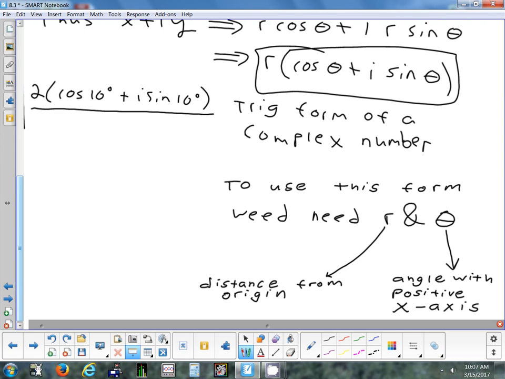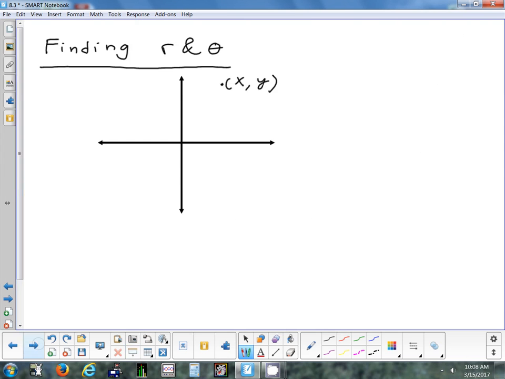Okay, so next we'll look at, just to make sure we remember, how to find r, and then also how to find theta. All right, so how do you find the distance from the origin that a complex number is? Yeah, you use the Pythagorean Theorem. That's all you have to do to find the distance from the origin.